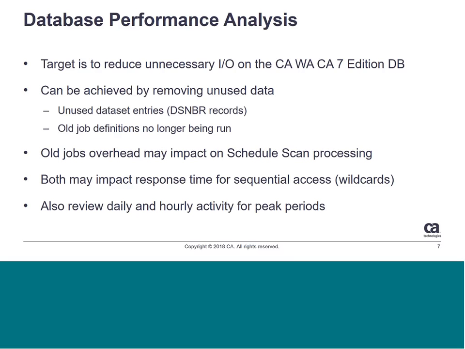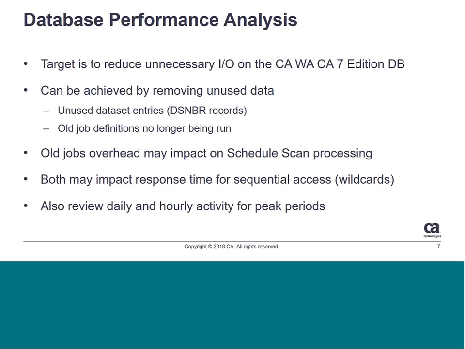Whenever anyone does any sort of command, whether it be online or through a batch terminal or any other type of terminal that involves wildcards, both old job definitions and unused dataset entries, if you're doing a dataset list, will both impact the response time for accessing the data.